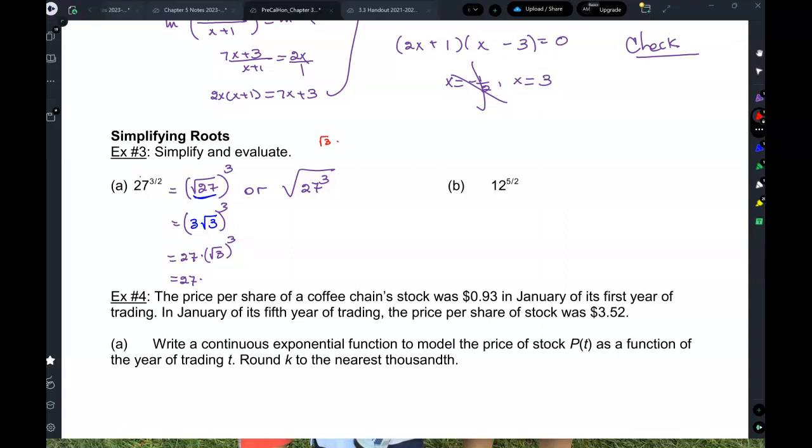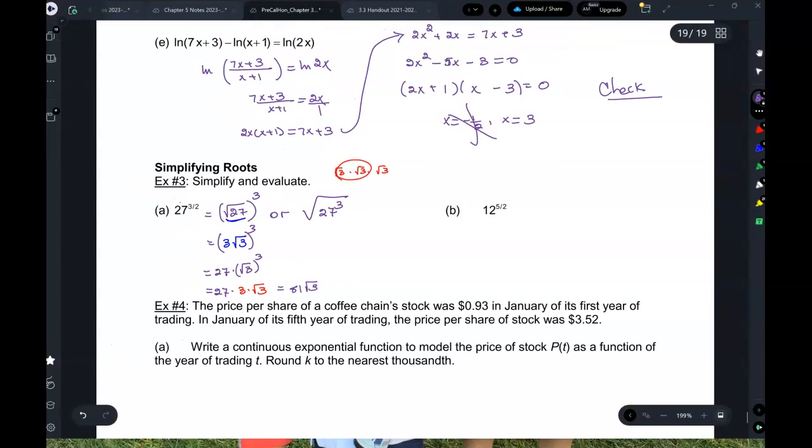Let's see, root 3, root 3, root 3. This is 3 times another root 3. So that will be 81 root 3. Okay? Again, we do this in algebra 1 and algebra 2, then we kind of get out of the habit.